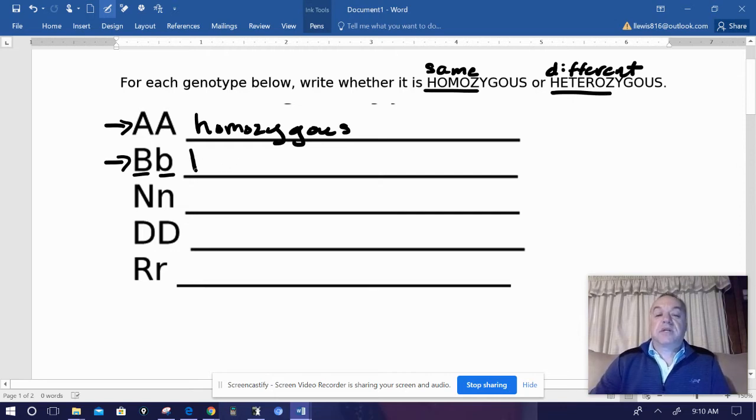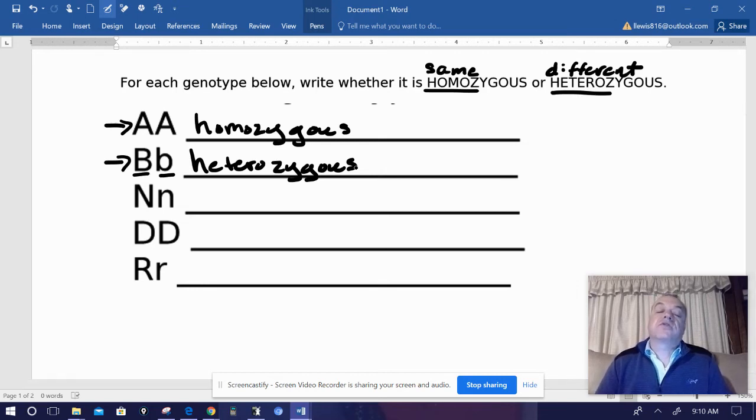Those are different, so those will be considered heterozygous. The genes are heterozygous. They are calling for two different traits. So I want you to go ahead and complete these three, and then join me again whenever you are finished with that.